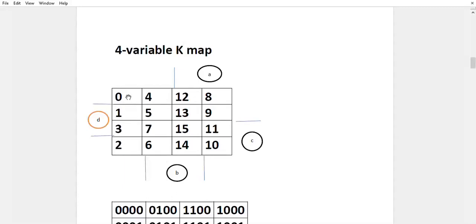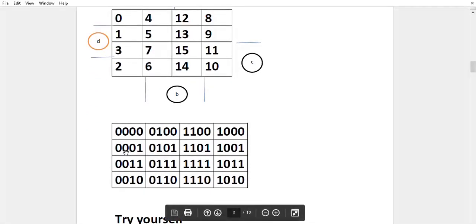The possible inputs are up to 16, that is 2 power 4. So look at the placement 0, 1, 2, 3, 4, 5, 6, 7, 8, 9, 10, 11, 12, 13, 14, 15, like this. The corresponding binary number representation is given.